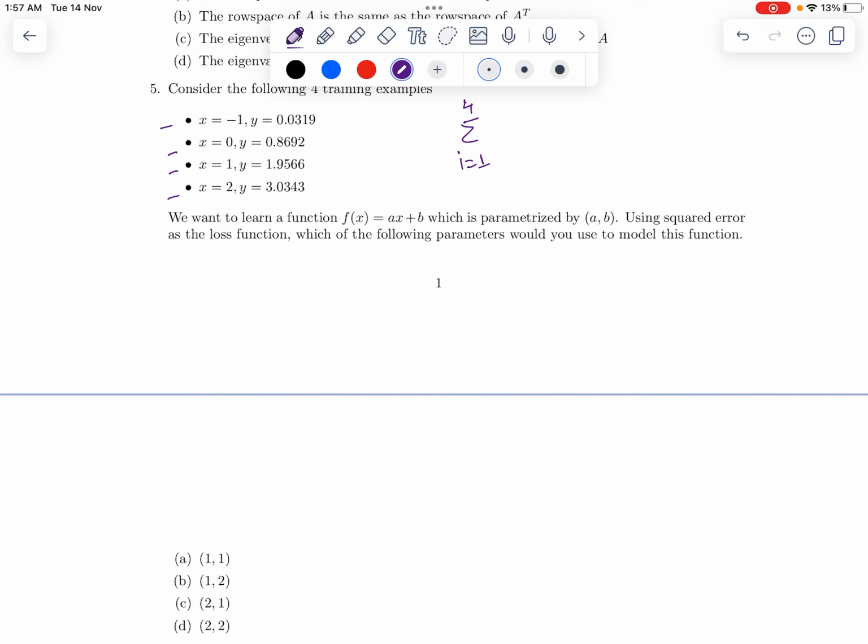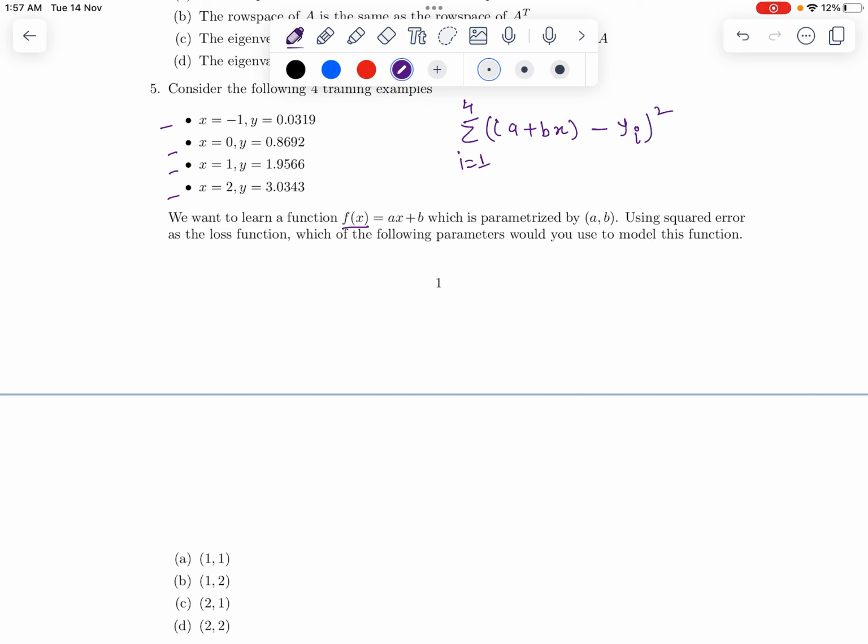So you will have to calculate this: here it will be a + bx, that is f(x), minus the actual value of y for the ith training example, and you will have to take the square.